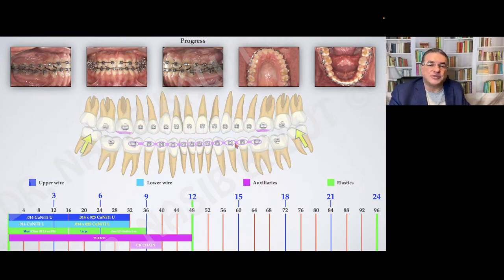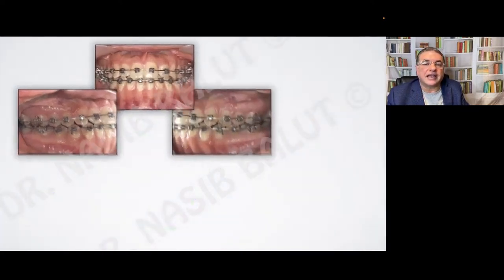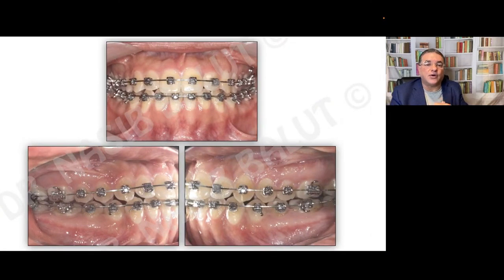Because we have some spaces that were created, I decide to place an elastic chain, a chain from molar to molar, to close the spaces. Then I move on to an 18 by 25 copper nickel titanium, upper and lower, and continue with my class 3 elastics. So now I am overcorrecting.